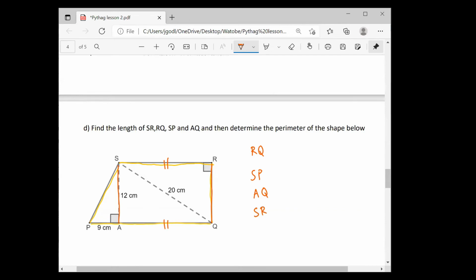There we go, that's more similar to what I have for SR. SR wouldn't be 12, but there would be another length that is 12, if that helps you at all.